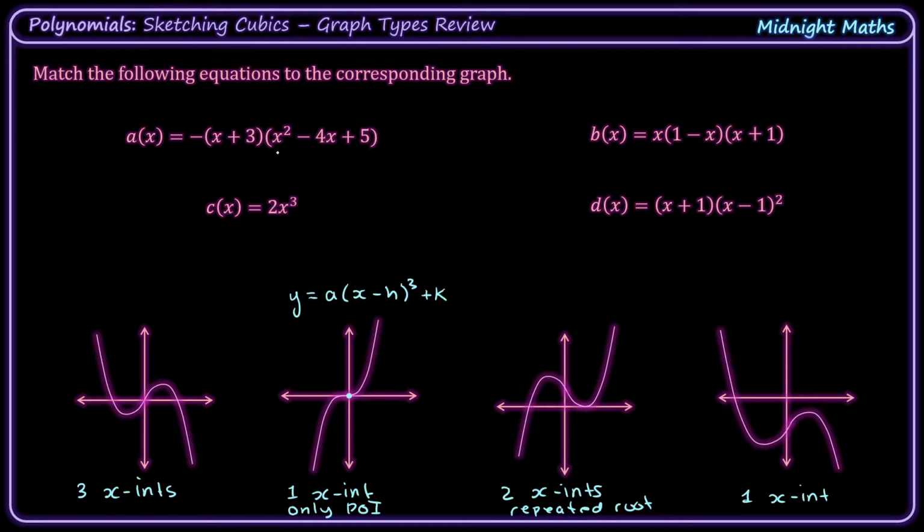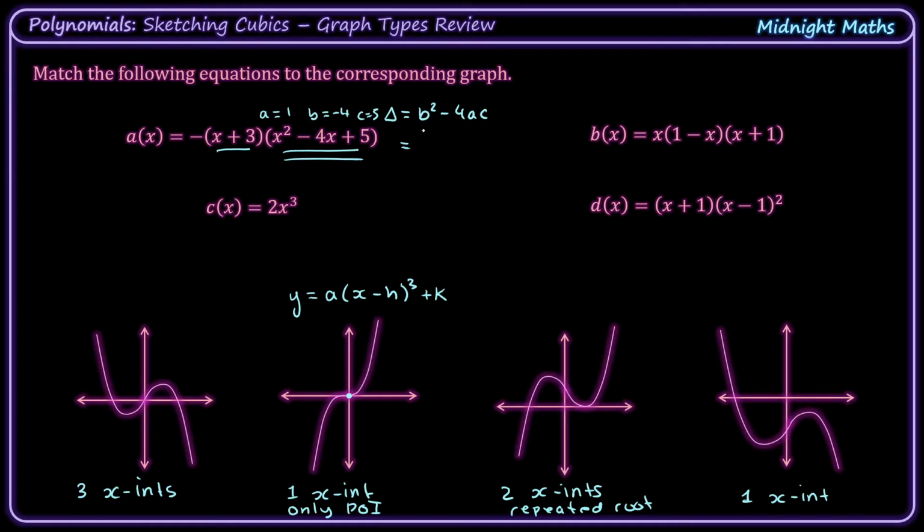Now let's go through the formulas and summarize what we see. In this first one, I see a linear factor and then a quadratic factor. To quickly double check that the quadratic factor can't factorize any further, I'll use the discriminant. Here a equals 1, b equals −4, and c equals 5.